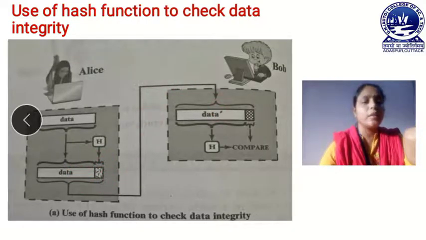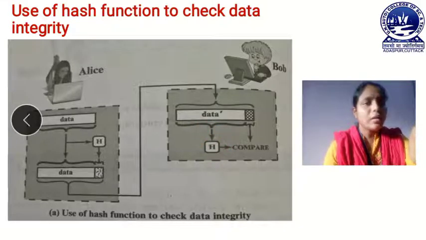Here Bob receives the appended data with hash value. After receiving this value, Bob takes the original data, and using this data, Bob calculates the hash value.